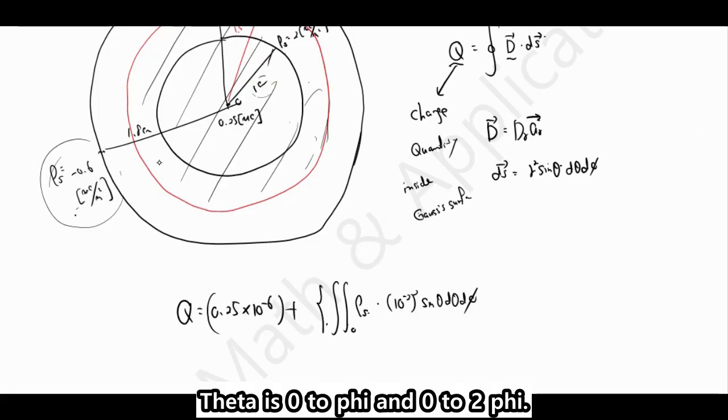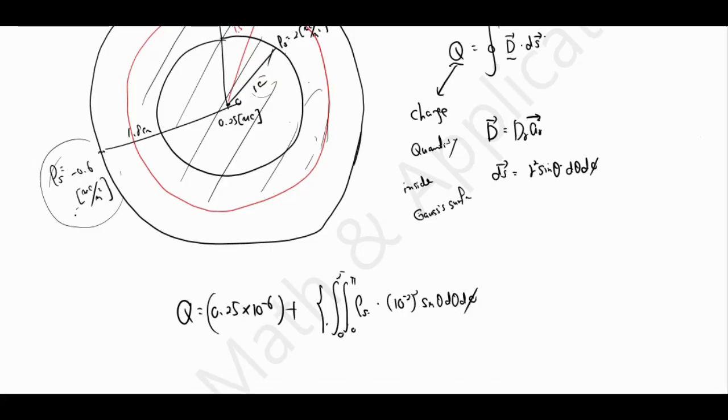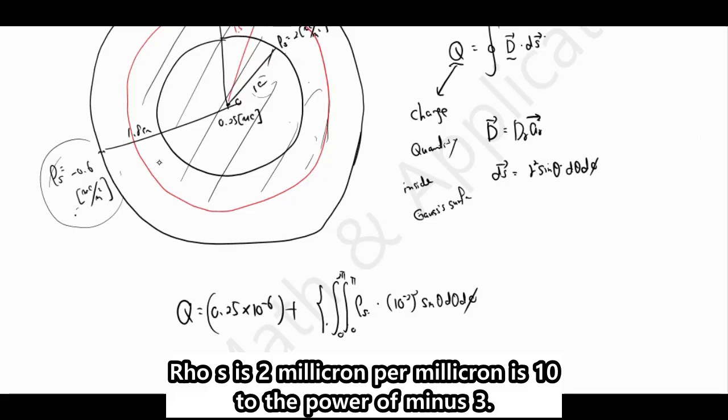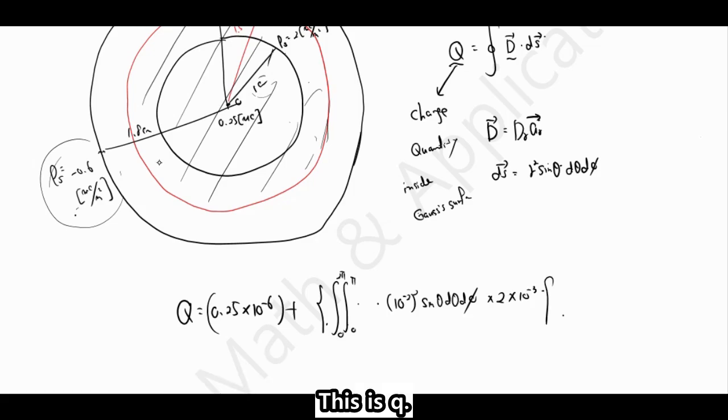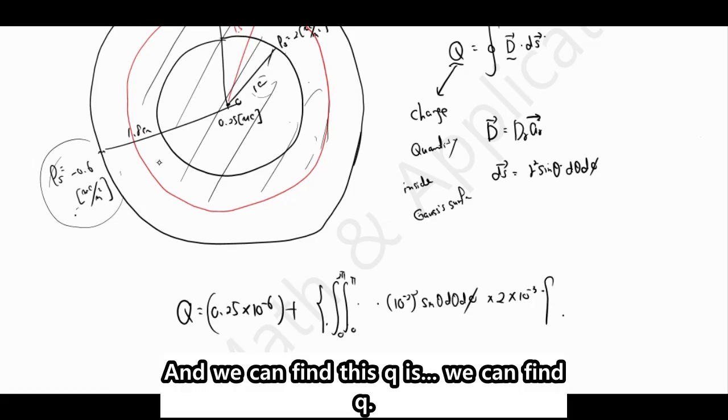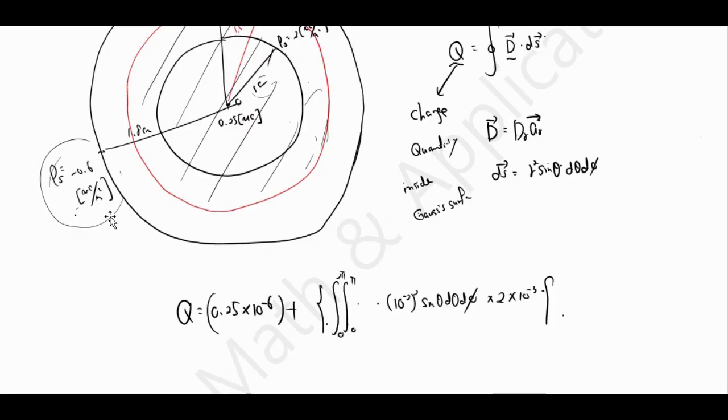Theta is 0 to pi and phi is 0 to 2 pi. Rho s is 2 millicoulomb per meter square, and milli is 10 to the power minus 3. This is Q, and we can find the Q.